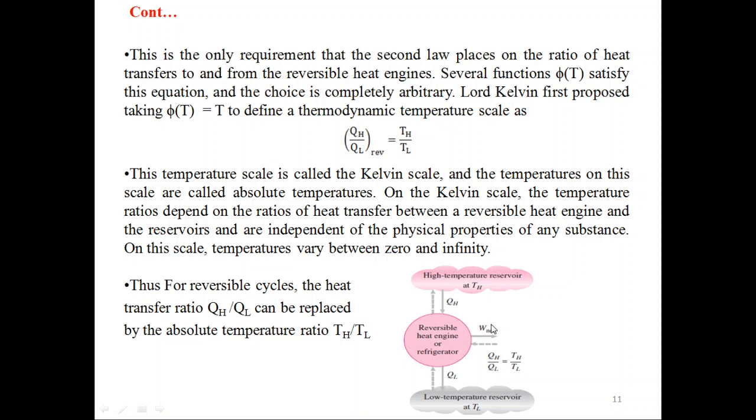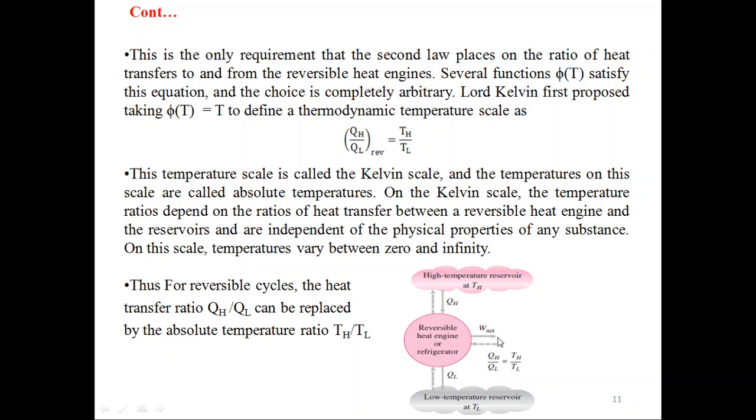So, for the given figure, you can see we have a reversible heat engine, or we can call this a refrigerator also. When we treat this as the heat engine, then QH is entering, QL is leaving, and W net is out.